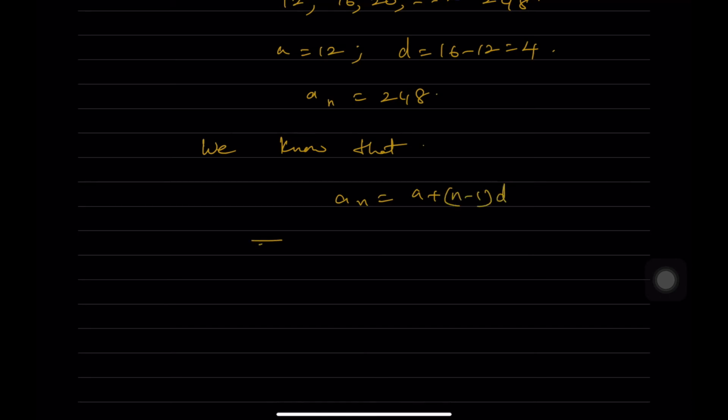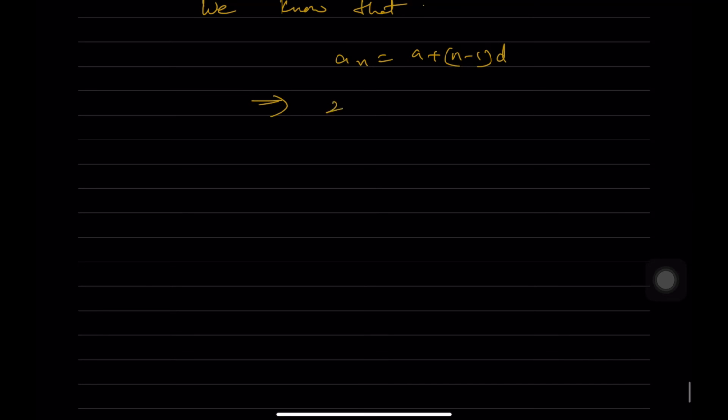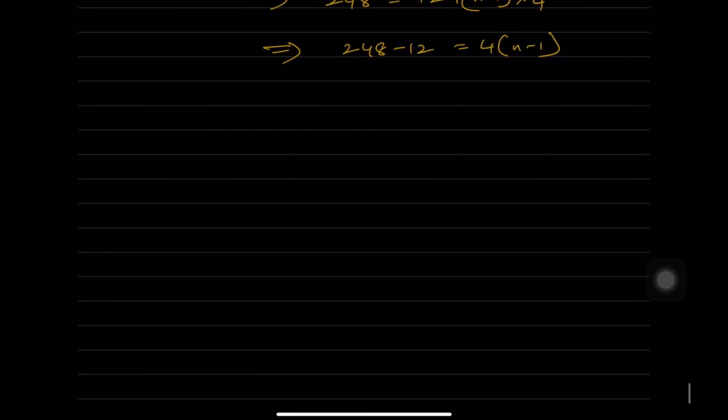So which implies that 248 is equal to 12 plus n minus 1 into 4. So which implies 248 minus 12 is equal to 4 into n minus 1. That implies 236 is equal to 4 into n minus 1.